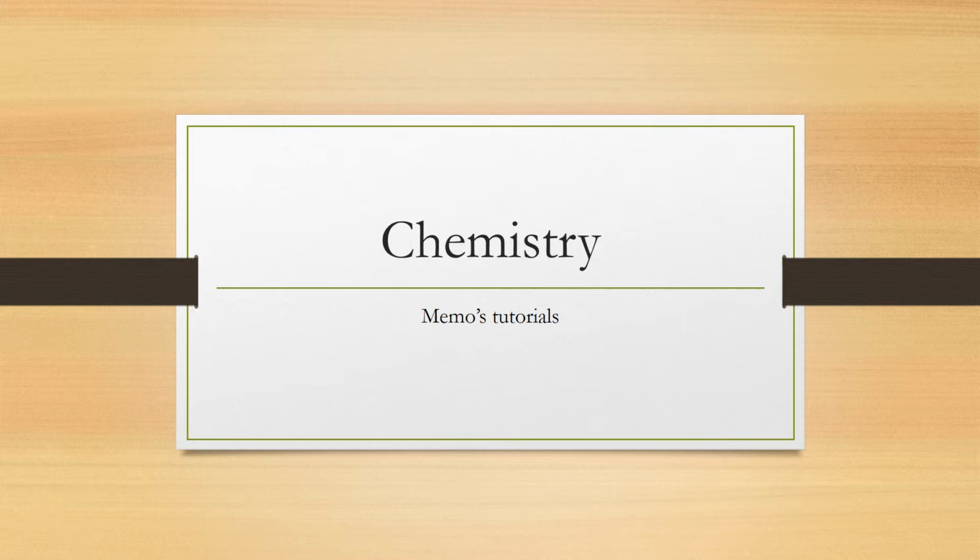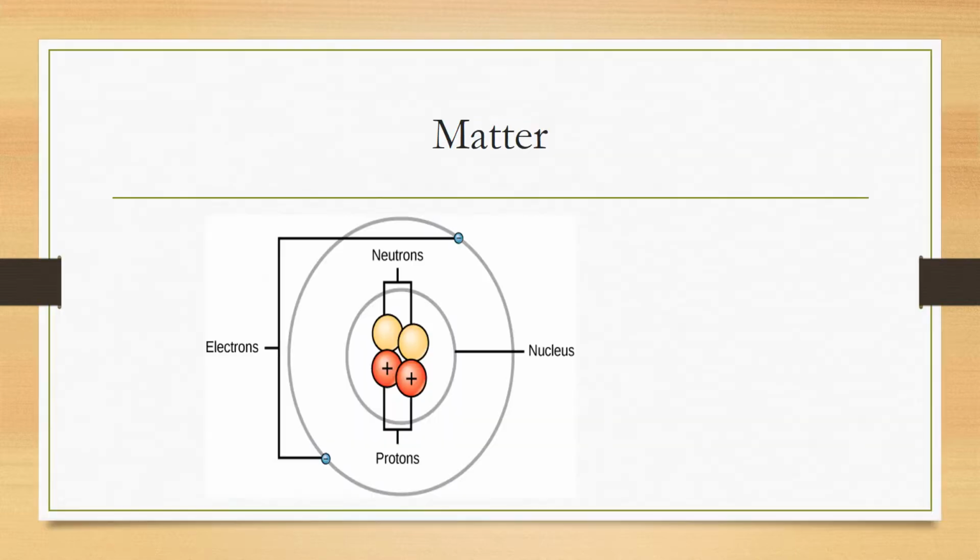Today we are focusing on chemistry and we are going to be looking at matter. So we are introduced to an atom, which is the smallest unit of matter, and we are required to know the components of an atom.